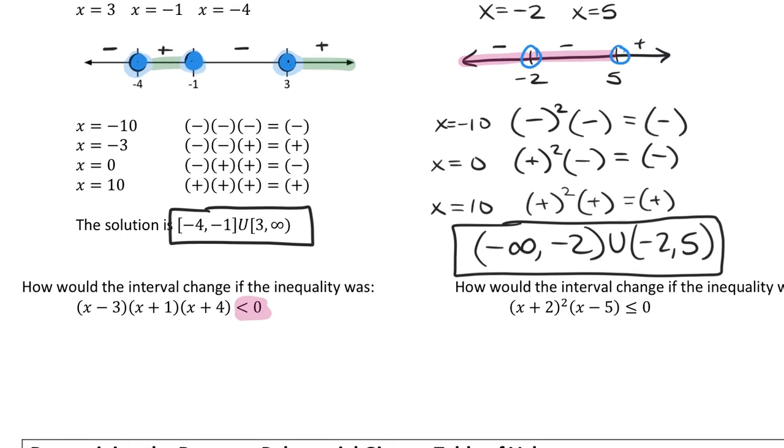How would you answer the question if the inequality had said less than 0? Where were my minus signs on my number line? -infinity to 4 or -1 to 3.